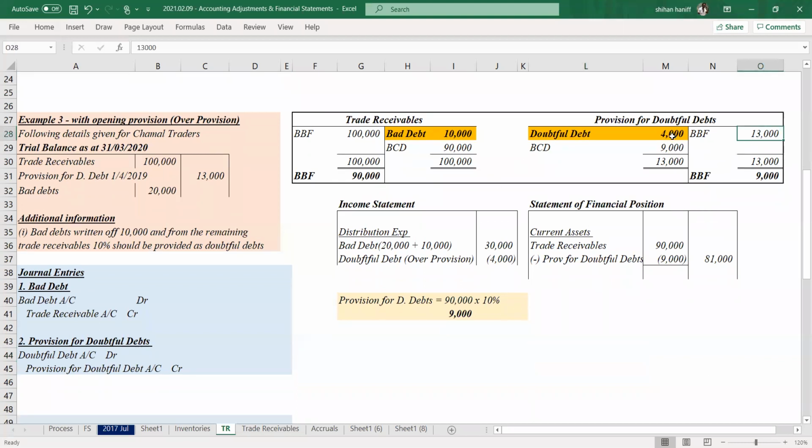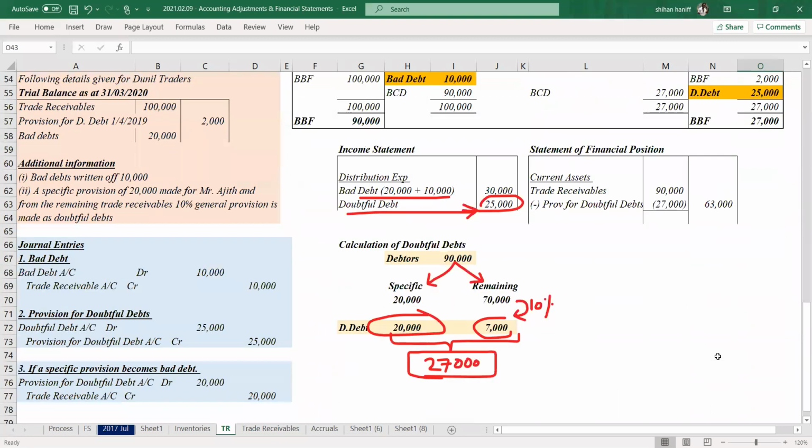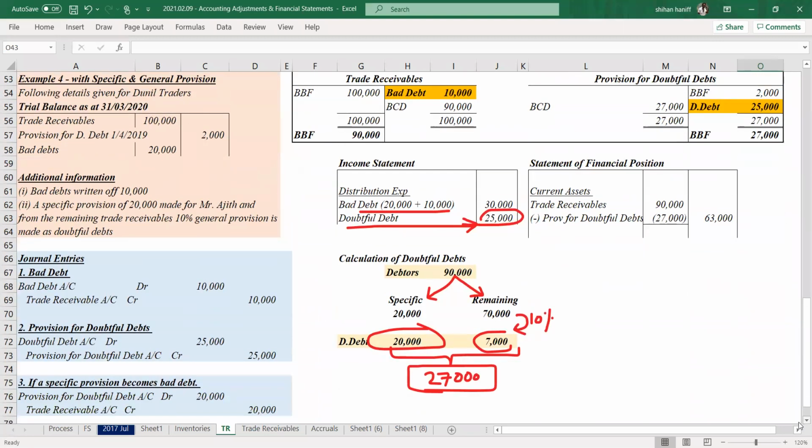Opening balance 13, then 4,000 deducted from the provision for doubtful debt account, and it was again deducted from the distribution expense. It is over provision. Then specific provision and general provision.